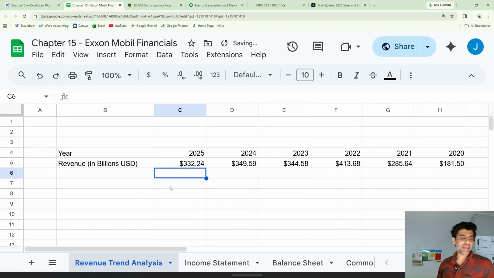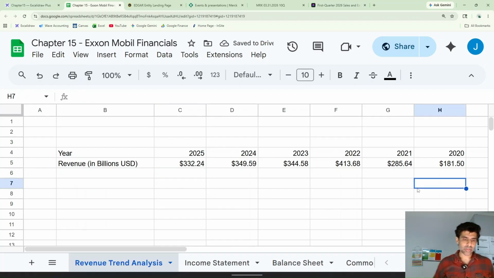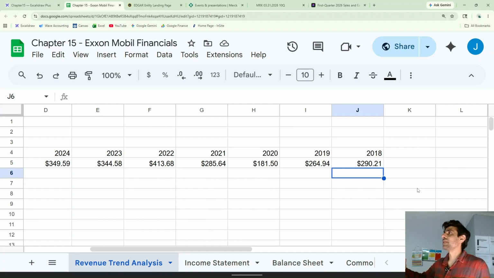But let's say we just cared about revenue. What you would do in a trend analysis, and this is the biggest trick, the biggest decision you're going to make, is picking a base year. So let's just use the oldest year, 2018, as the base year. It's very easy to do in Excel. You can do it in one formula.